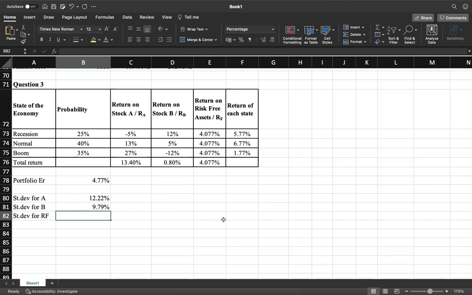And the standard deviation of risk-free asset, you know, it is 0 because it is risk-free, so therefore it doesn't have any standard deviation, so it doesn't have any risk. Standard deviation of risk-free asset is 0.